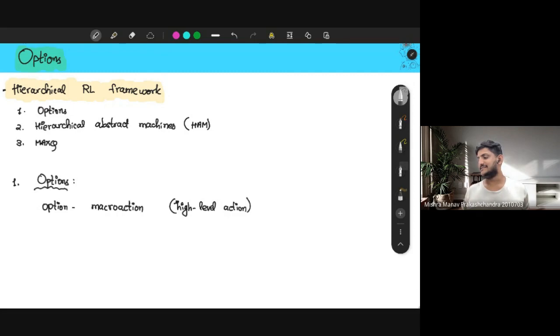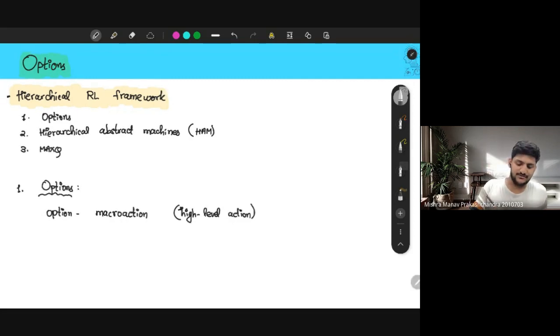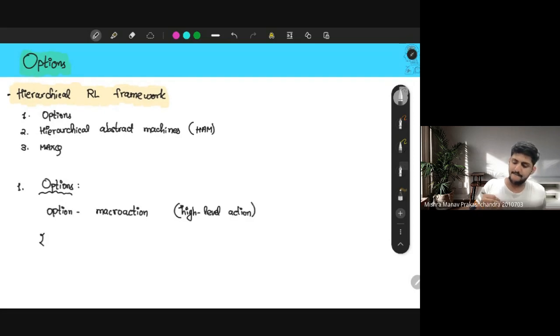So that's how you define a macro action. This macro action accounts for a dynamic world.